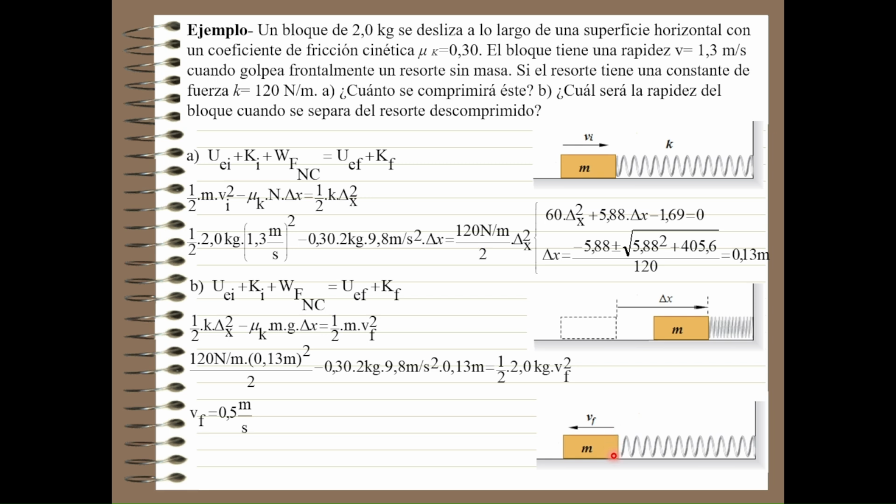The kinetic energy with the final velocity. This is when the spring ejects the block, and not the elastic potential energy, because at that point the spring has recovered its original shape, and the block no longer gains elastic potential energy. Substituting the known values, we are left with solving for the final velocity, which will be 0.5 meters per second.